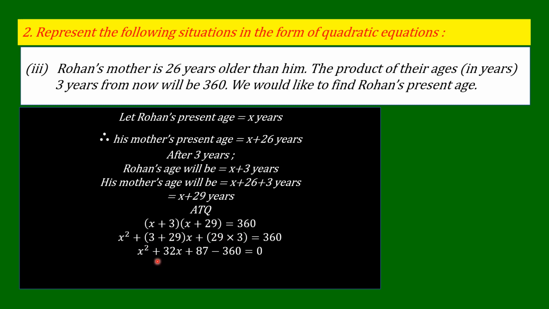So we get x square plus 32x plus 87, and transposing this 360 to the left hand side, this is 87 minus 360. So after simplifying it, we'll get x square plus 32x minus 273 is equal to 0, which is our required quadratic equation for the situation.